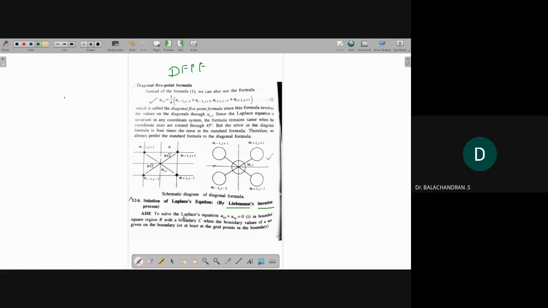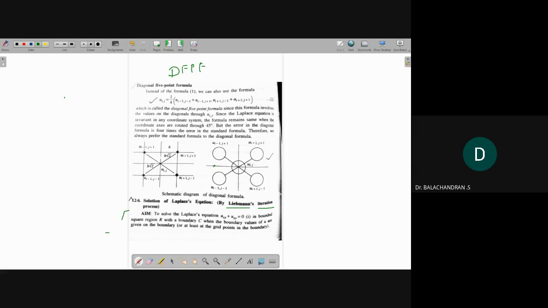The aim is to solve the Laplace equation u_xx plus u_yy equal to 0 in a bounded square region R, with a boundary C, when the boundary values of u are given on the boundary, or at least at the grid points in the boundary.